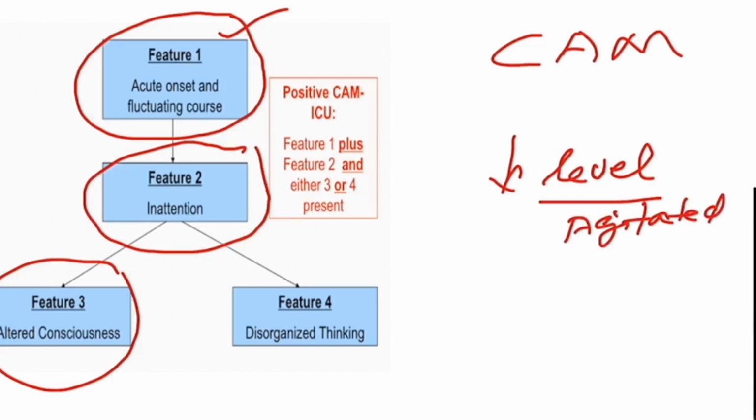So the patient can have impaired level of consciousness, or agitation, or disorganized thinking. The thought process leads on to our behavior, so abnormal behavior will be there, or the thinking process is abnormal. So in order to make a diagnosis of delirium clinically, you need 1 and 2 plus either altered level of consciousness or disorganized thinking.